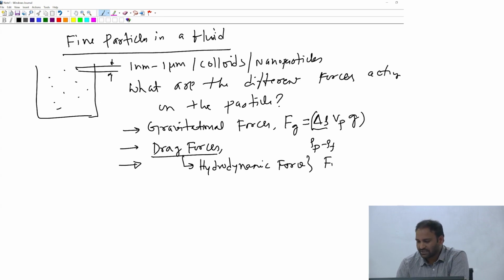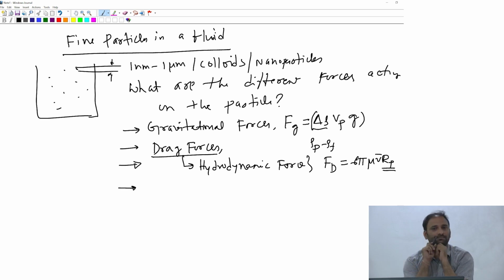If you say it as FD, what is the functional form for this? I'm sure all of you have learned this at some point. It is 6 pi mu, where mu is the viscosity of the fluid, times some average velocity at which the particle is moving, times r, or rp, the size of the particle. That's your drag force.